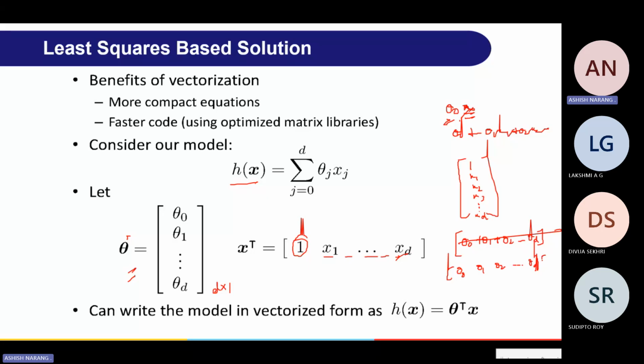Now, x will be 1, x1, x2, x3 up to xd. So this is nothing but theta 0 plus theta 1 x1 plus theta 2 x2. So the same thing, we have written it in the form of this.